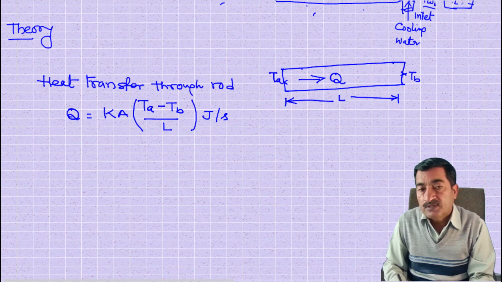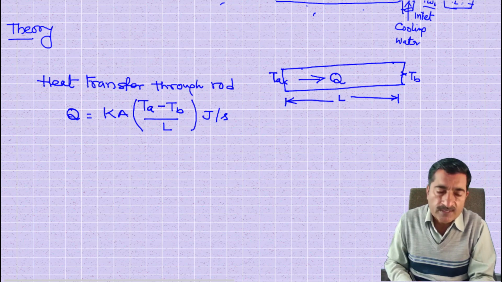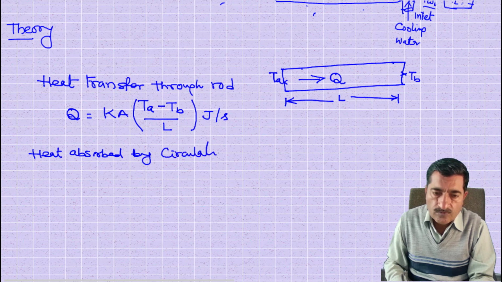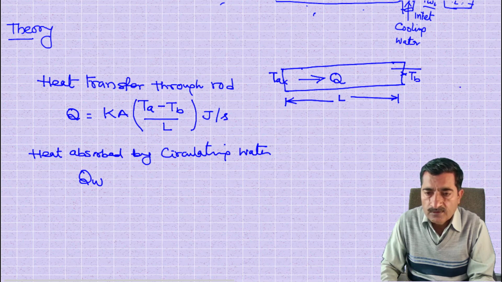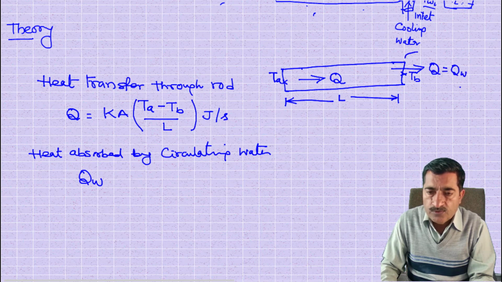The unit is joule per second. The rate of heat absorption by the circulating water, QW, equals Q, where QW is the heat transfer through the water, Q in and Q out.